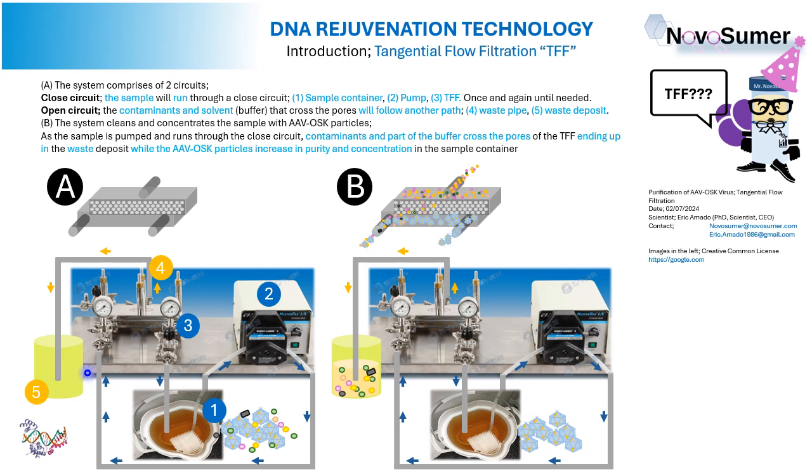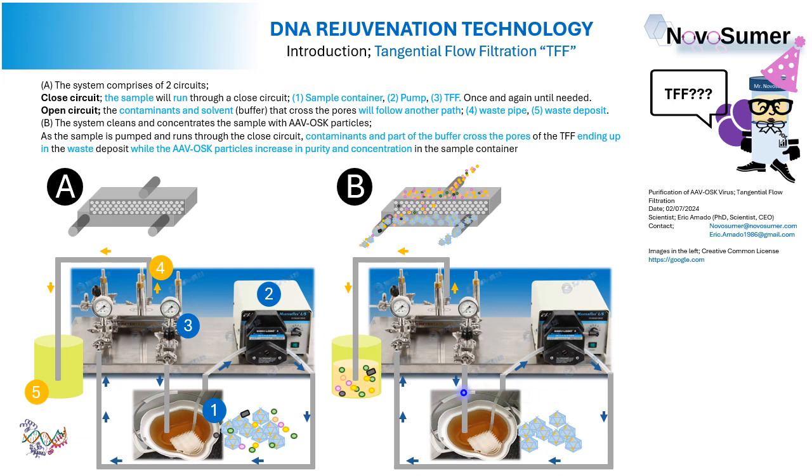So this is the whole system, and let's see what happens when we turn on the machine. You already know, but it's good to go through it together. So let's look here.